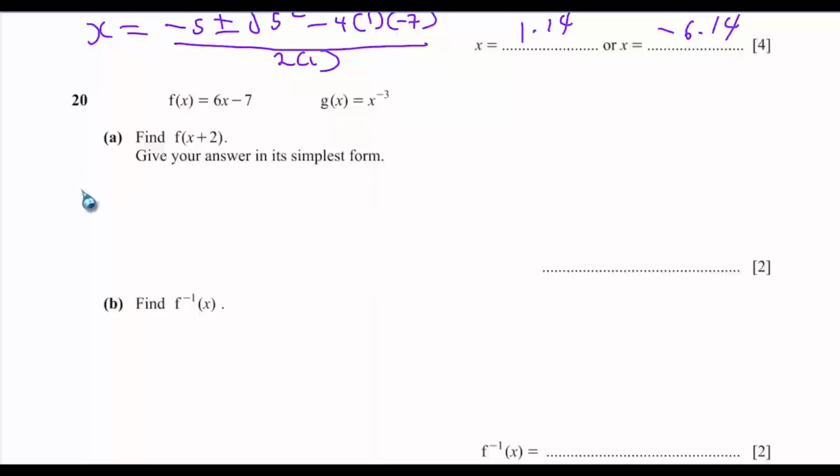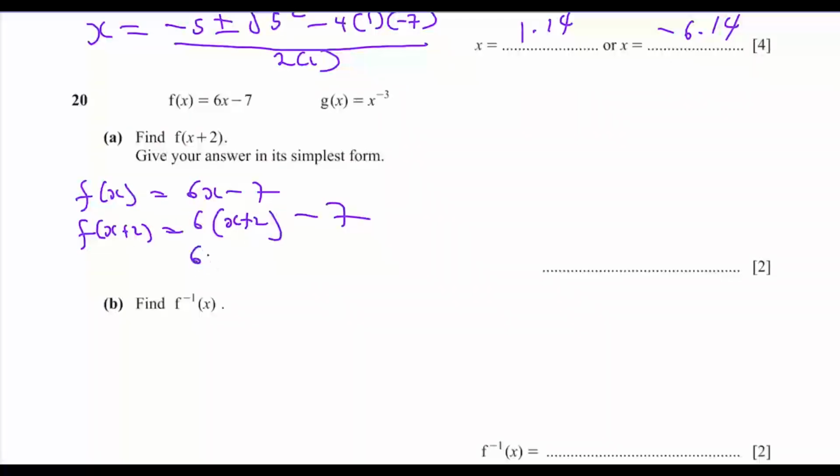Okay, so given that f of x equals 6x minus 7, then f of x plus 2 will be, anywhere we see x, we put x plus 2, so 6 into x plus 2. Then subtract 7. This will be 6x plus 12 subtract 7, and this will be 6x add 5. So f of x plus 2 is 6x add 5.